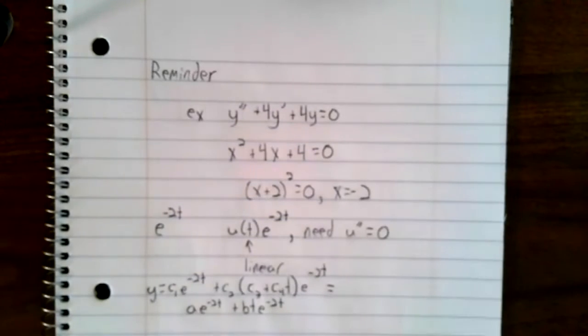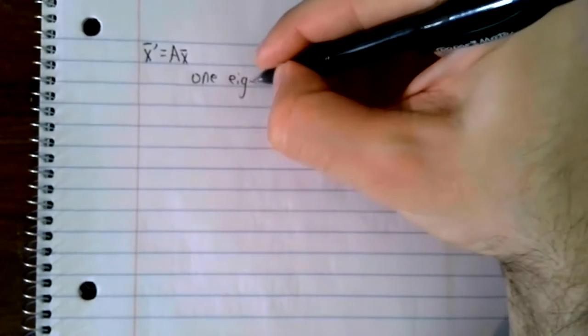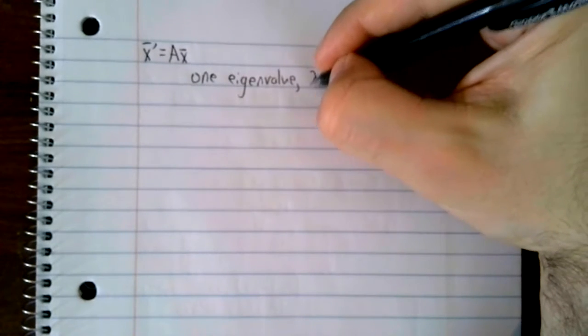Now, back to our current setting. X prime equals Ax. With this in the back of our mind, suppose we have worked with a 2 by 2 matrix and gotten a characteristic polynomial with a single root, one eigenvalue lambda.